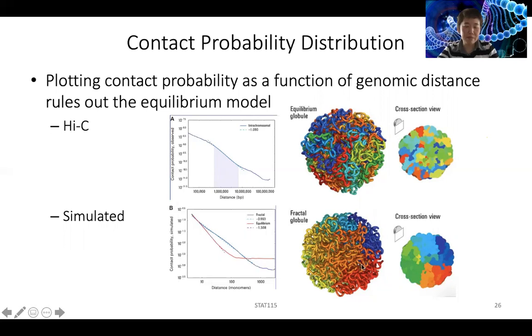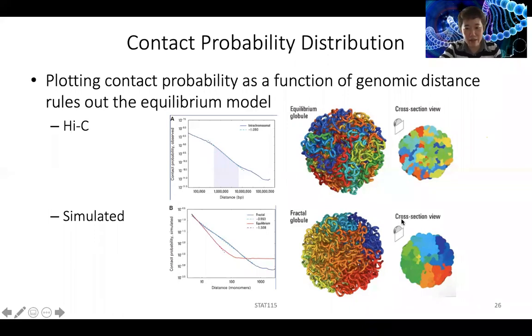Whereas the alternative model is called a fractal globule. This is how ramen noodles are made. In some sense, the things that are close by, you want them to still be closer to each other to form slightly better organization.